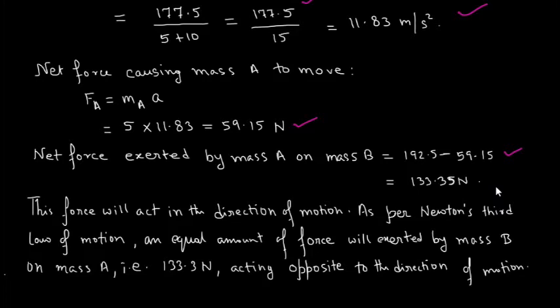The force will act in the direction of motion. As per Newton's third law of motion, an equal amount of force will be exerted by mass B on mass A, that is 133.35 Newton, acting opposite to the direction of the motion. And this is the solution.